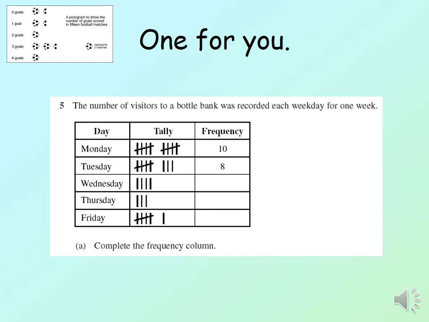So 5 and 5 makes 10, and in the second one 5 and 3 makes 8. So I want you to complete that bar chart. Nice and easy. I'll pause for 5 seconds. Okay, so it's obviously 4, it's obviously 3, and that is 6.